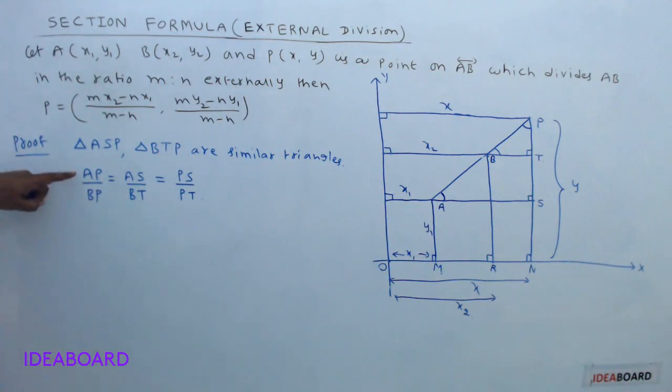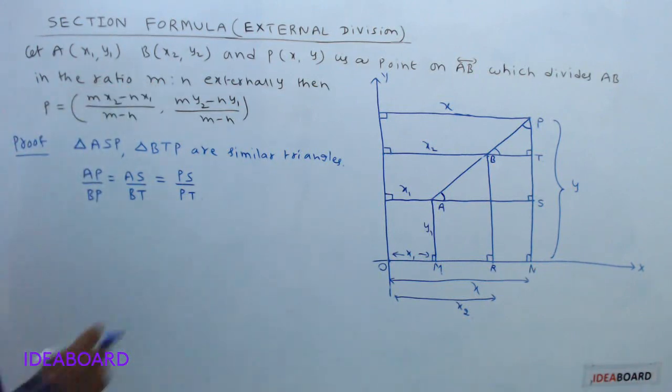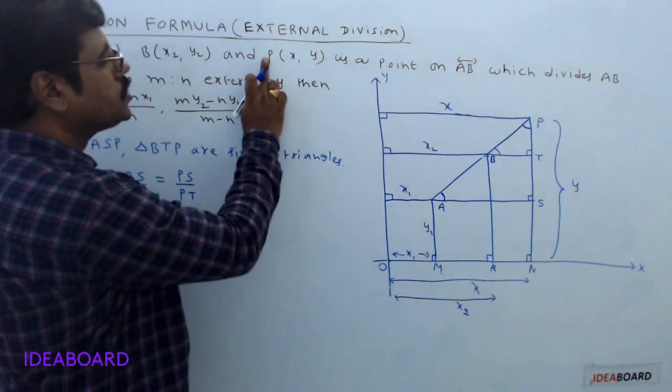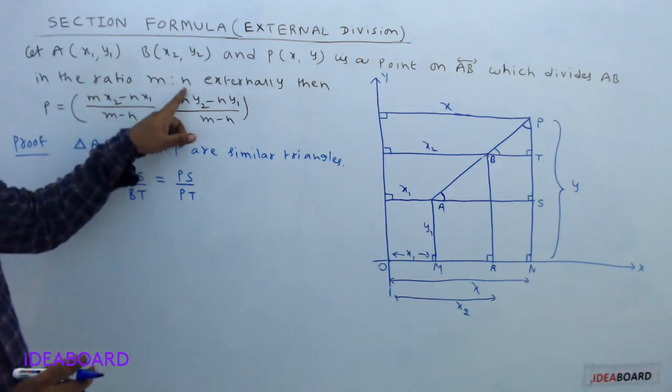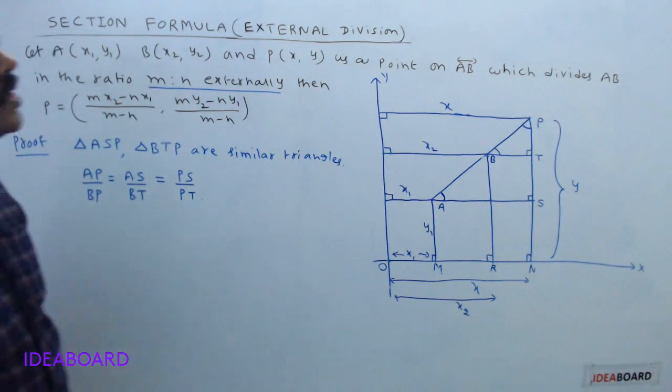Now what is the value of AP and what is the value of BP? Now look at the statement. P is a point on the line AB. This point P divides AB in the ratio m:n externally. Now come to that condition.